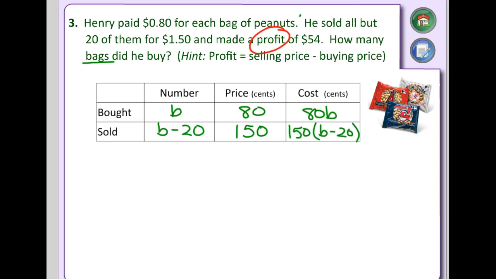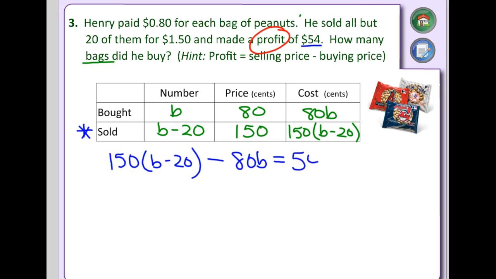Now remember, to do a profit problem, it is always the selling price, which is 150 times B minus 20 minus, what he bought them for, which was 80B, equals the profit. Now remember, the profit was $54, but we're going to make it all cents, so 5,400 cents. So remember, on a profit problem, it's the only problem we do that we subtract.